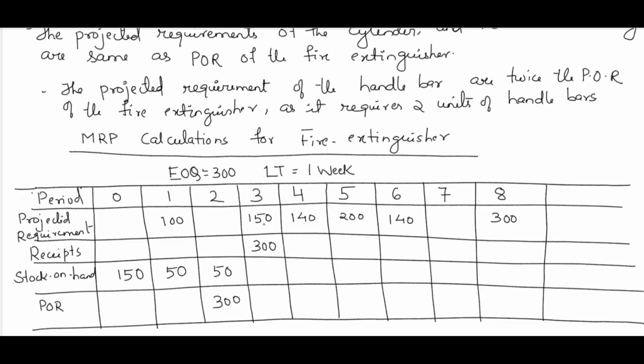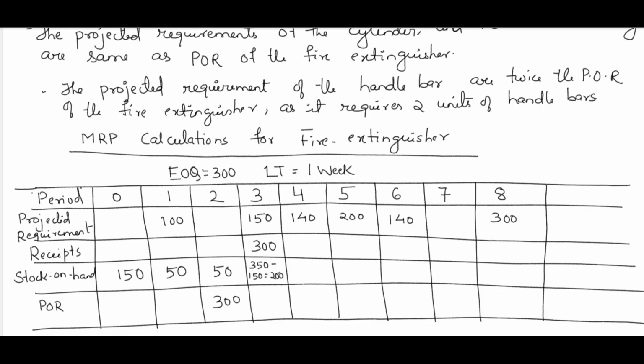But what is the demand? 150. So the stock on hand left is 350 minus 150, which is equal to 200. So now we are left with 200 quantities of fire extinguisher.